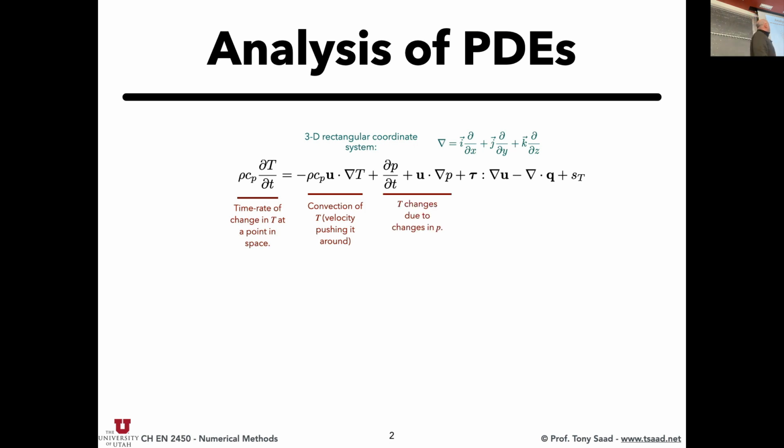This term describes changes in temperature due to the pressure, because in a gas, pressure and temperature are tightly related. This term describes changes due to viscosity, so the ability of a gas or liquid to resist motion. As it resists motion, it heats itself, so that's friction essentially.